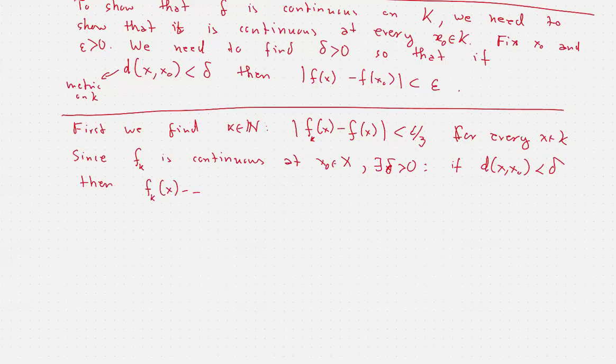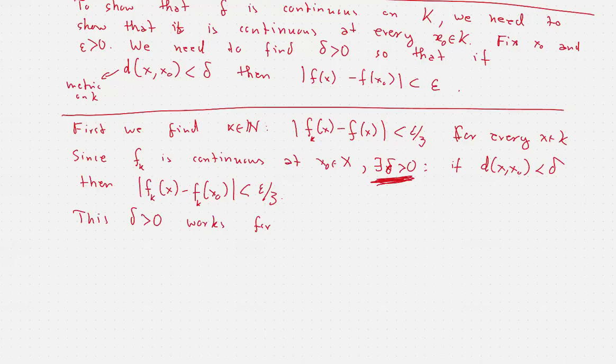Okay, our claim is that this delta works for f, for x naught, and for epsilon as we want it.